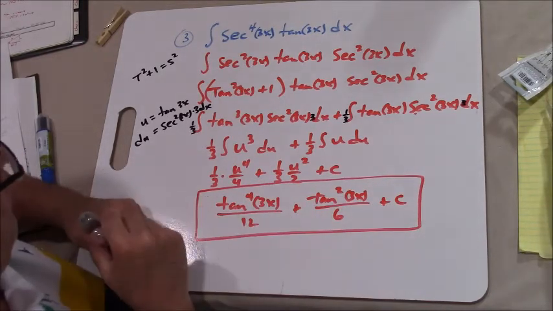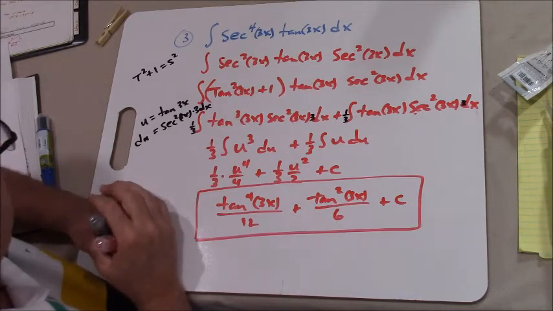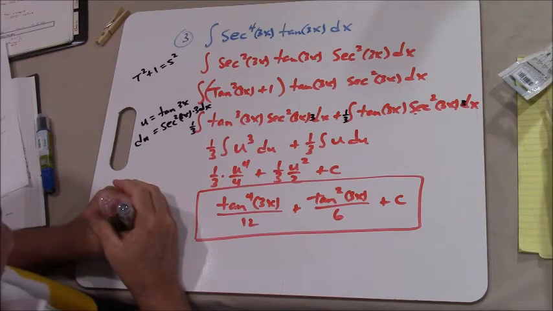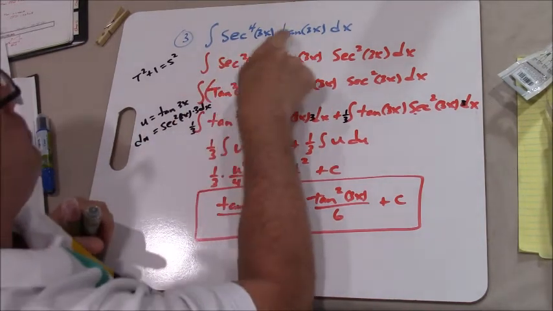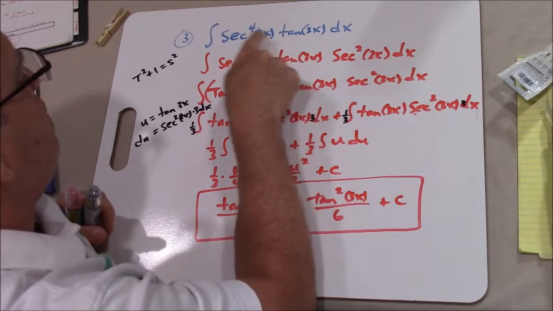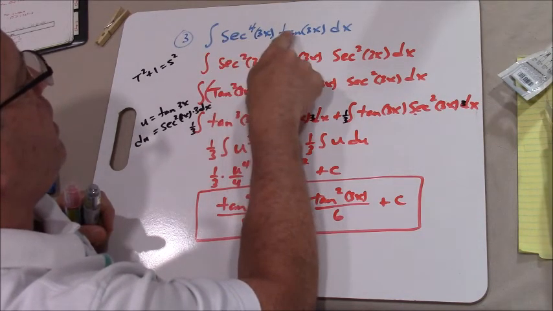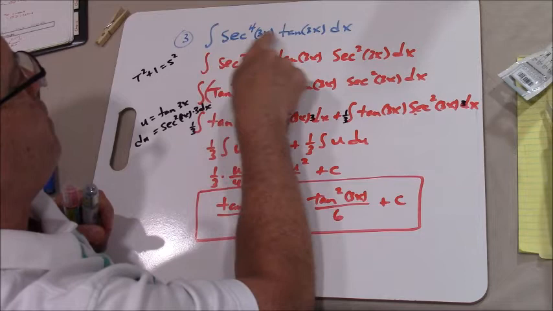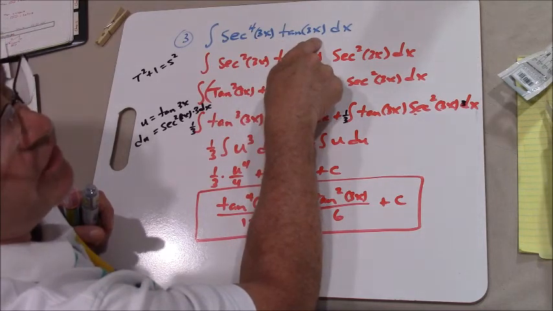So the only thing that I could think of that might trip us up a little bit here is somebody maybe looked at this and said, well, that exponent's odd, I'm going to factor out a secant and a tangent. Then when I do my substitution, I'll just have u to the 3rd, and that secant times tangent would become my du.